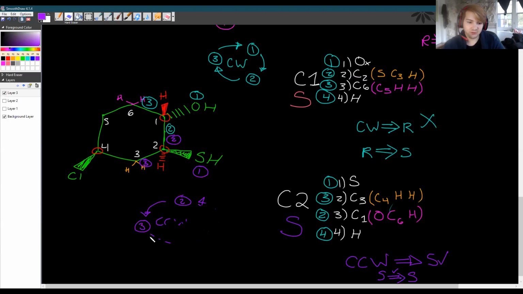Let me erase this so I have some room for myself. Let's do this last carbon, C4. C4 has 4 bonds. We have a chlorine and a hydrogen, and we have C5 and C3.